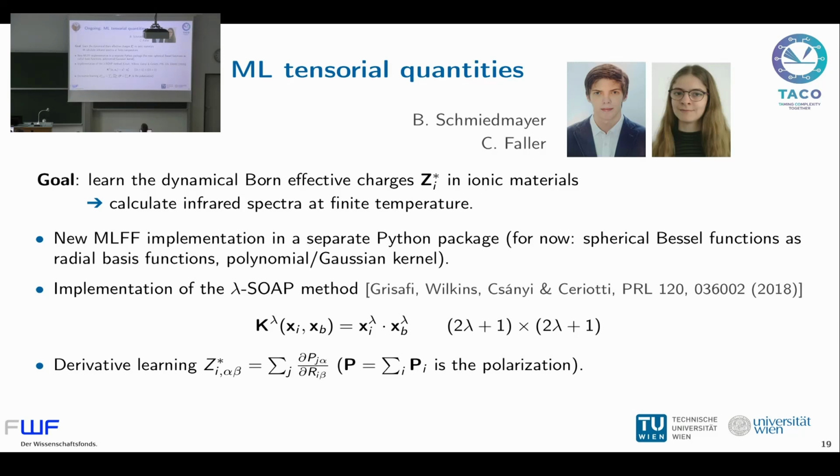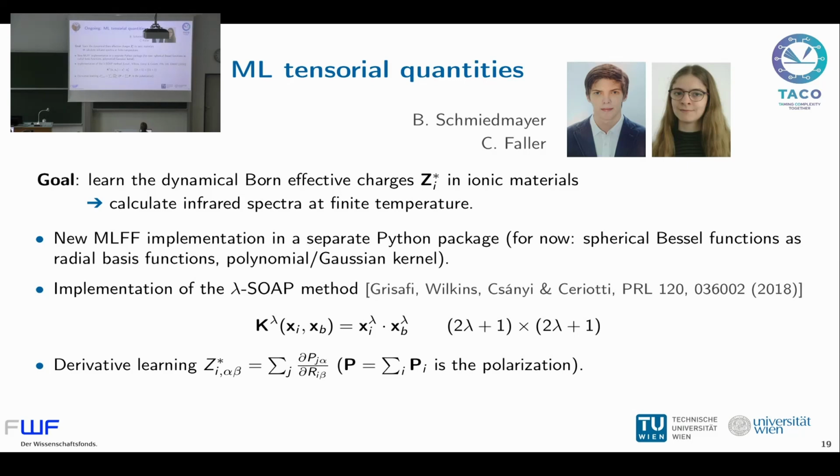And what you want to do is to incorporate this covariance in the training and in the predictions. And you can do that with this method, where you can generalize the descriptors using Clebsch-Gordan coefficients. And so then your kernel will also be generalized and will become a 2 lambda plus 1 times 2 lambda plus 1 object, where lambda is the irreducible spherical component of your tensor.